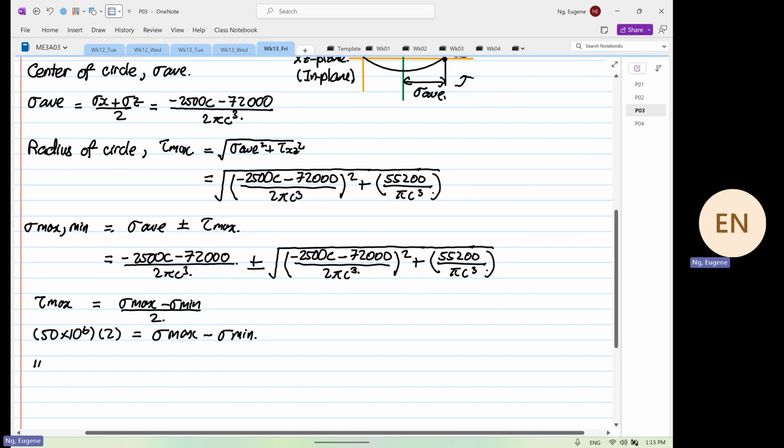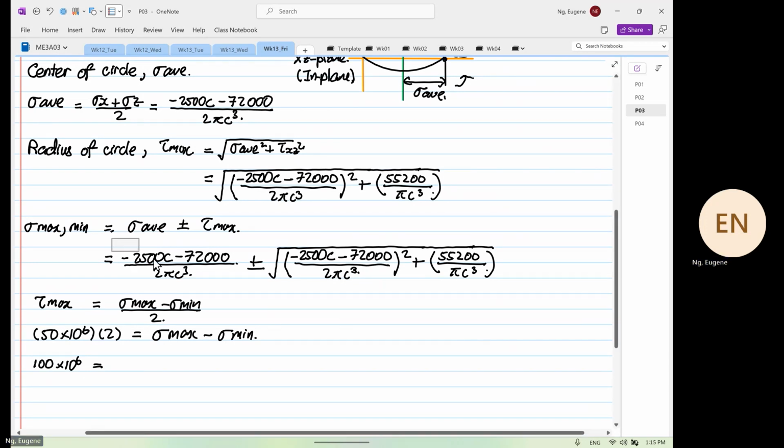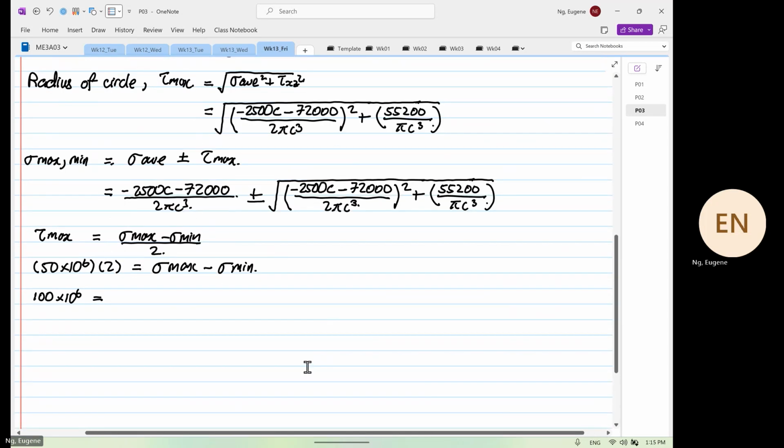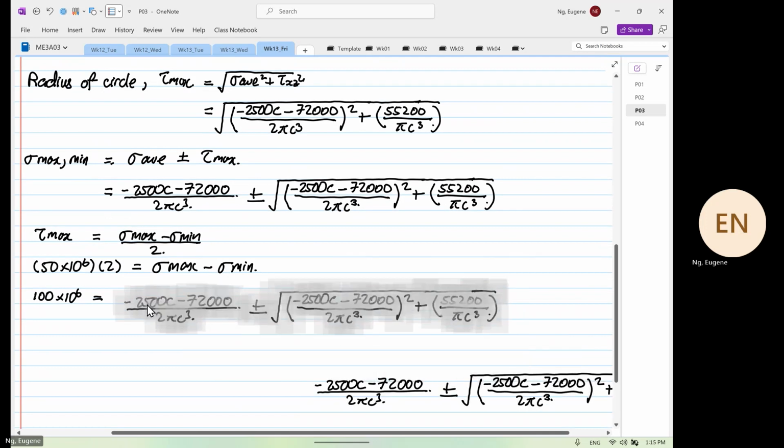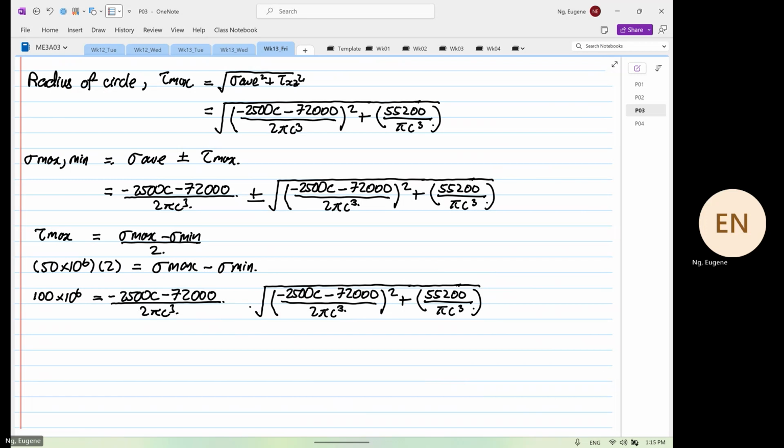So this will be equal to 100 times 10 to the power of 6. And this will be equal to, so I bring the 2 over. So stress max, this is plus. And then you're going to minus the whole thing by stress mean.